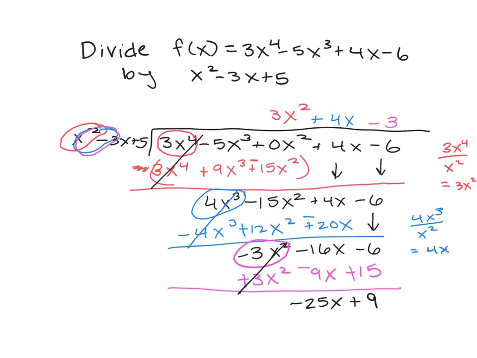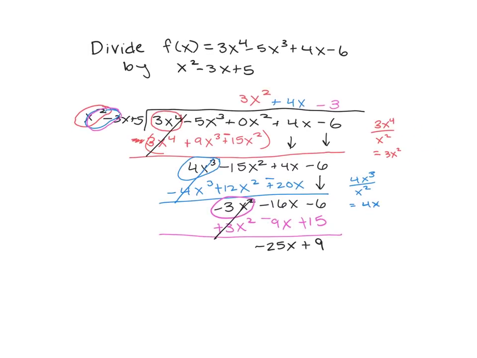And so what I'm going to do next is write out my answer. And so what this means is that this right here is my remainder. And so the way that I'm going to write my answer is by saying 3x squared plus 4x minus 3.